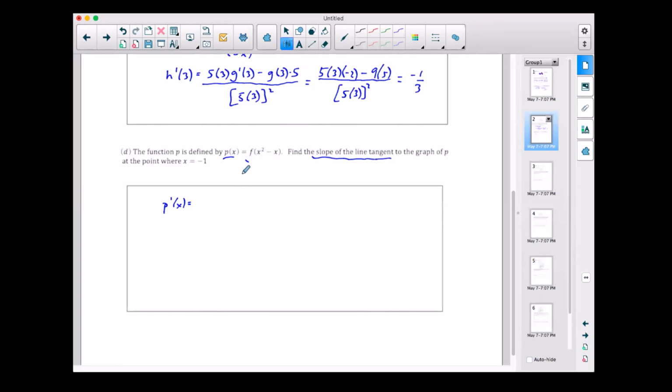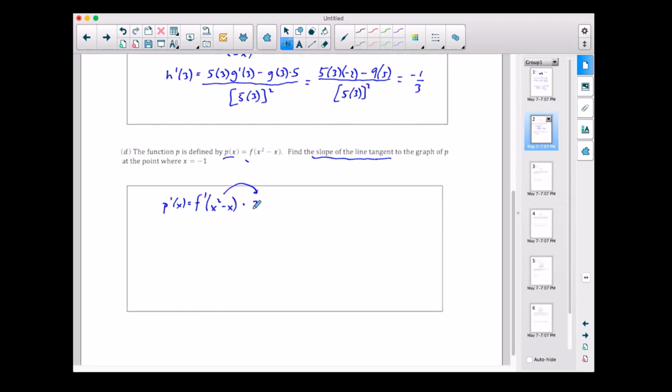The outside is f, and we take that derivative. So f's derivative is simply f prime, right? We notate it as f prime. And then we always leave the inside unchanged, right? So when we're taking something's derivative, we take the outside derivative first, leave the inside the same, and then by chain rule, we multiply by the inside derivative.